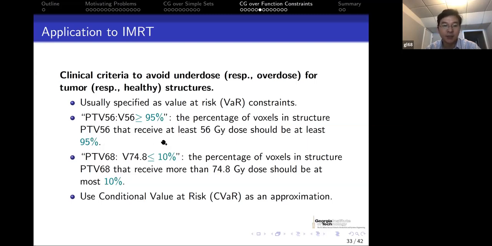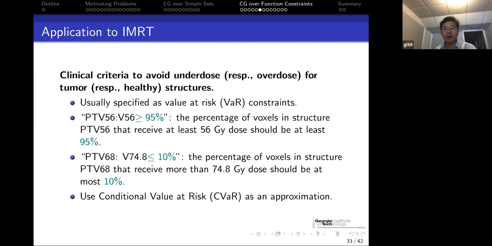Similarly for healthy structures, we are saying that the percentage of voxels in this healthy structure that receive more than 74.8 gray should be at most 10%.